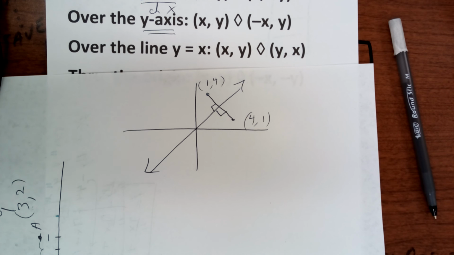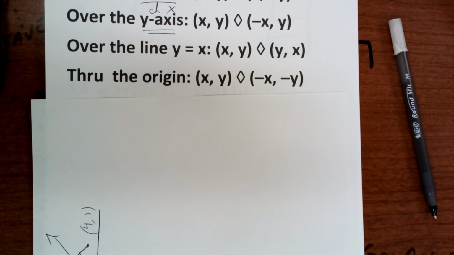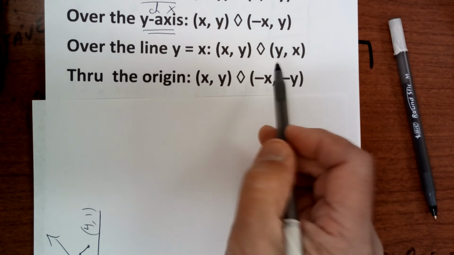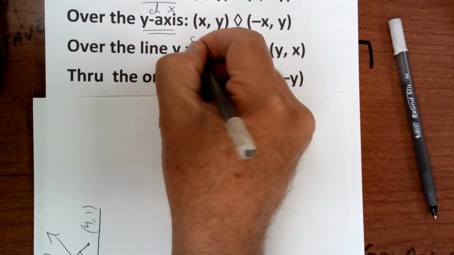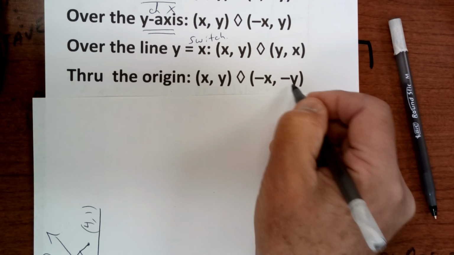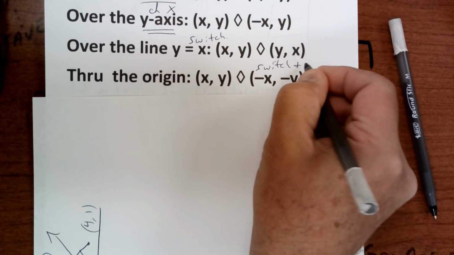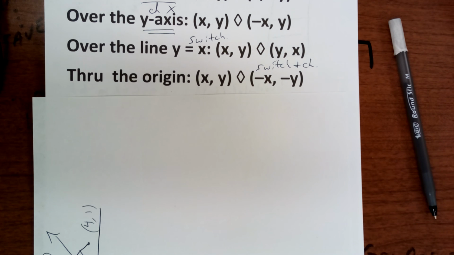If you reflect it over the origin, you don't switch them. This one you switch and change. Again, that doesn't mean negative, it means change it.